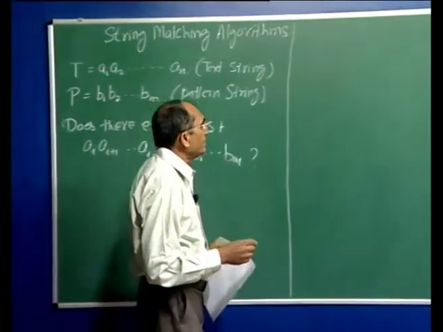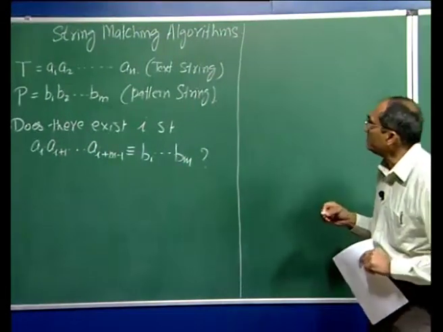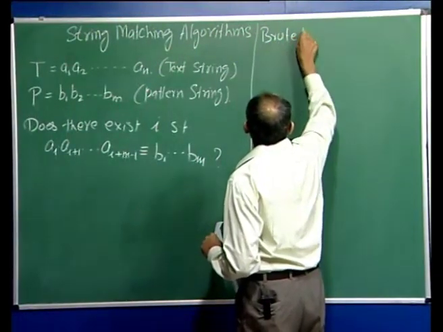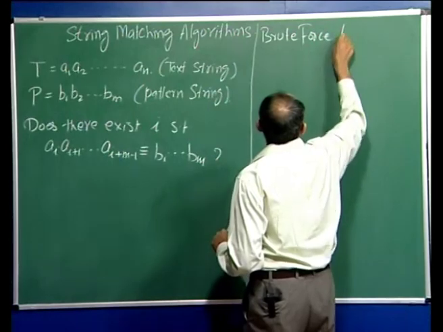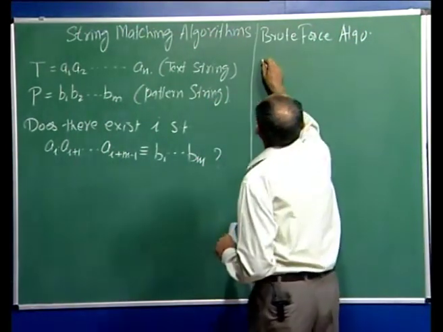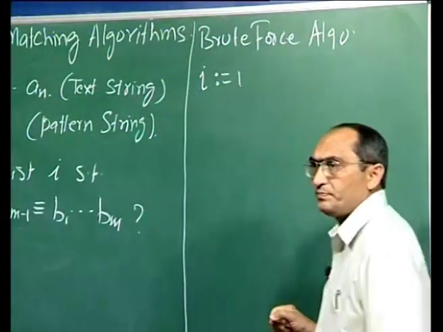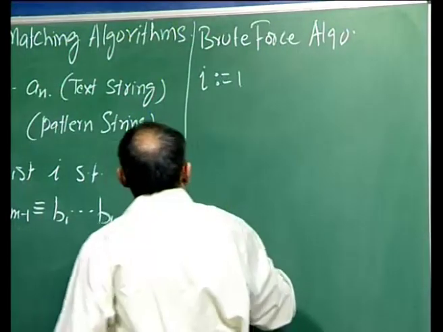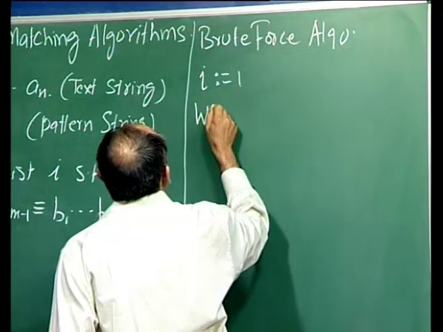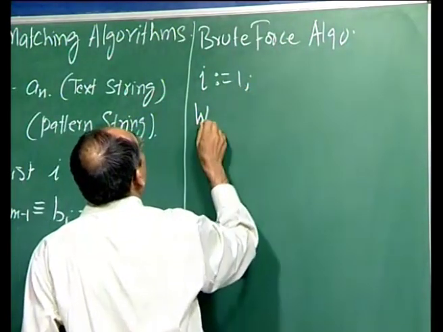So, let us write down the simple, or so called brute force, algorithm. So, we begin with i at 1, and then, so let us say we will have some flags later on.